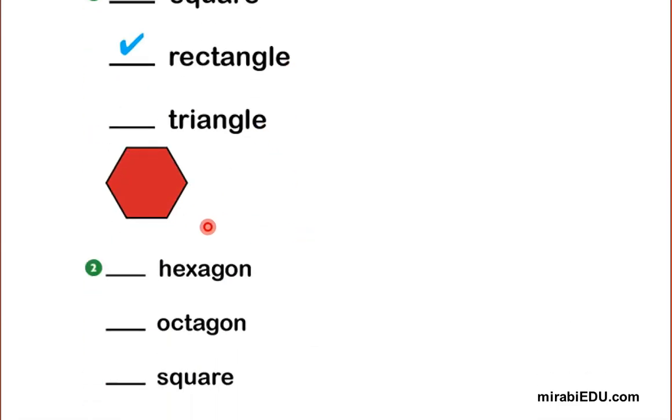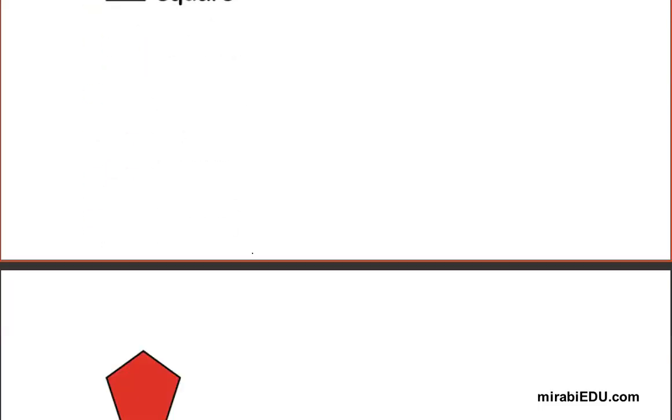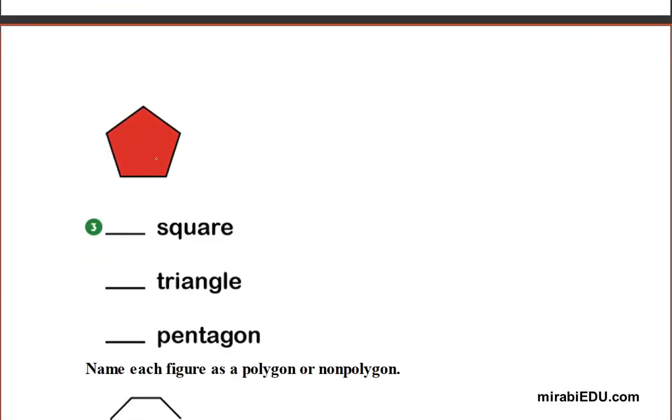The students of third grade must determine that it's a hexagon because it has 6 sides. 1, 2, 3, 4, 5, 6. It has 6 sides, therefore it is a hexagon. And here it's a polygon with 5 sides, so of course it's a pentagon.